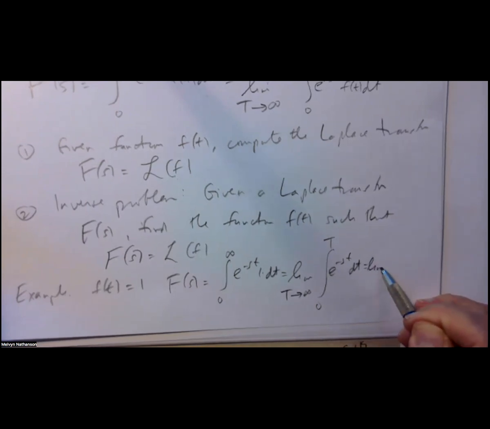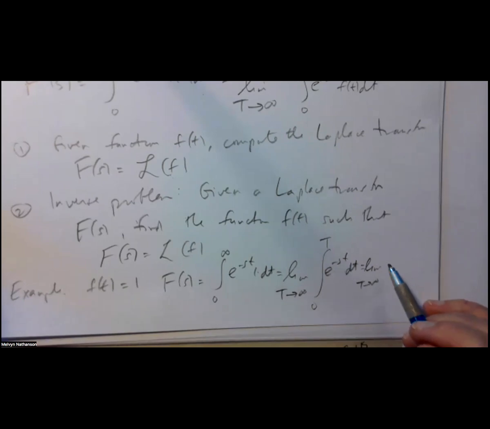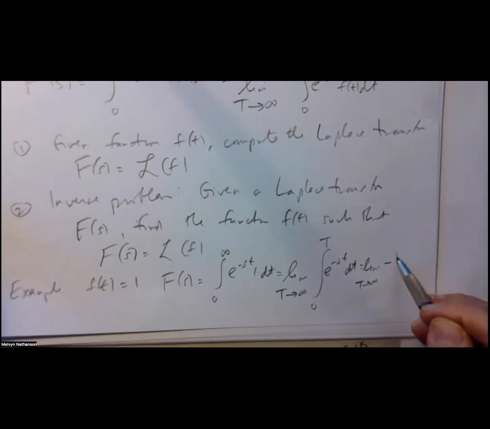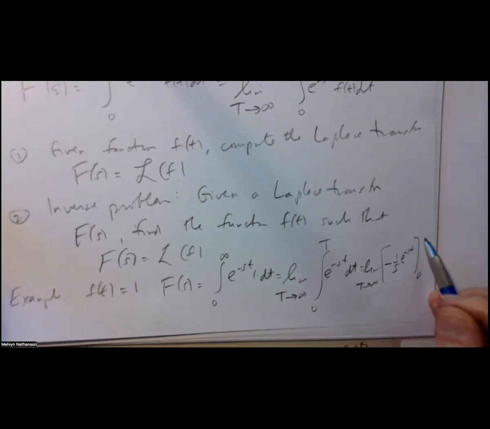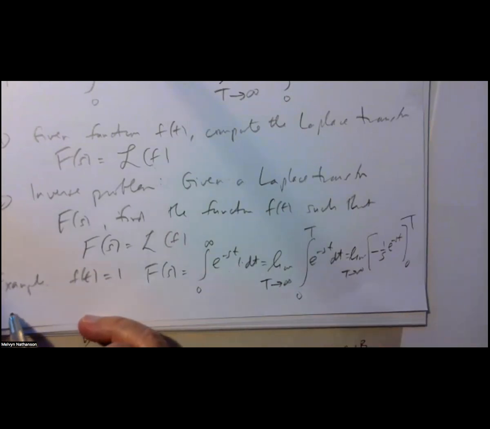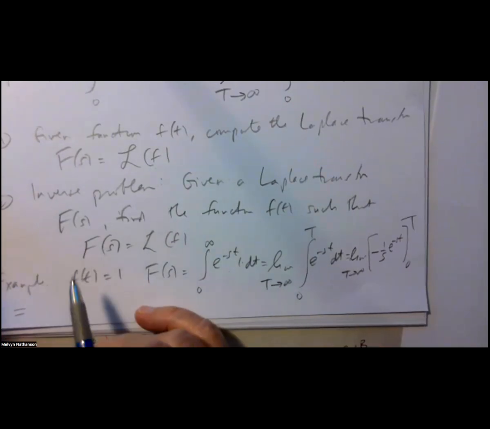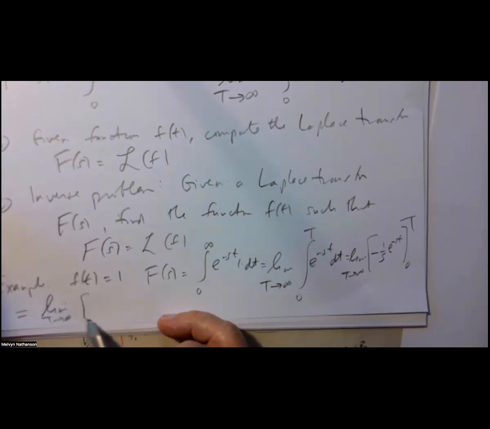We're just integrating an exponential. This is the limit as T goes to infinity, the integral of e to the minus st, if s is different from 0. If s equals 0, this is just an improper integral. It's infinity. It doesn't exist. But this is minus 1 over s, e to the minus st from 0 to T. So this is the limit as T goes to infinity of what?